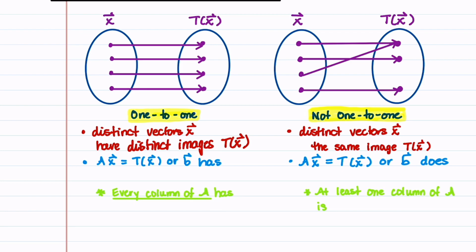That means that Ax equal to T of x, or b, has a unique solution. And if we have a unique solution, every column of A has a pivot.